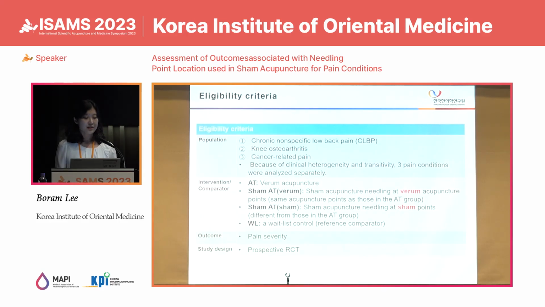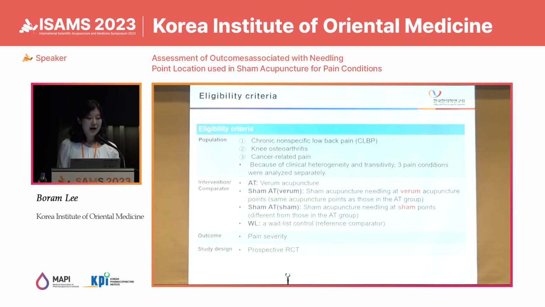Because of clinical heterogeneity and transitivity, the 3 pain conditions were analyzed separately. And also, as types of intervention and comparator, verum acupuncture, sham acupuncture at verum point, and sham acupuncture at sham point were included. We only included manual acupuncture for comparison. And also, a waitlist control was included as a reference comparator.